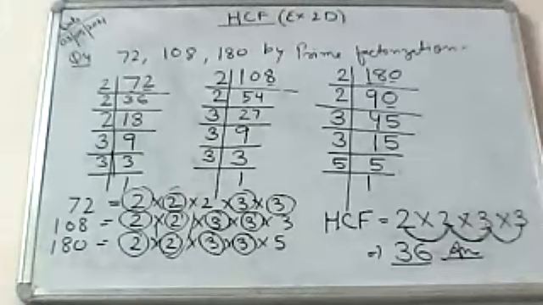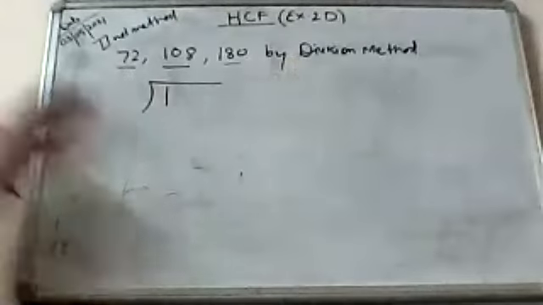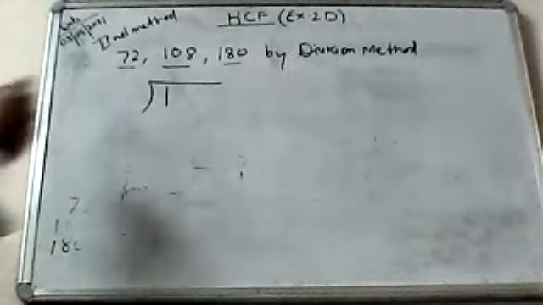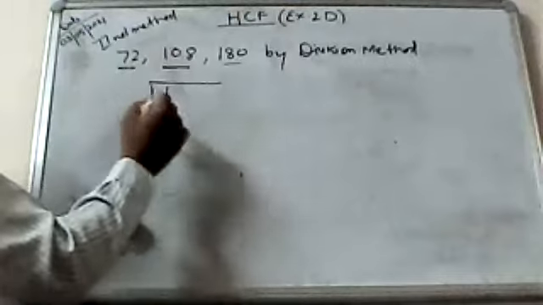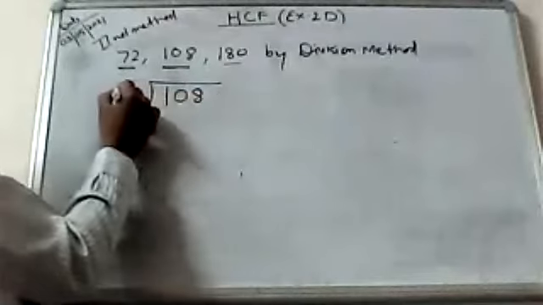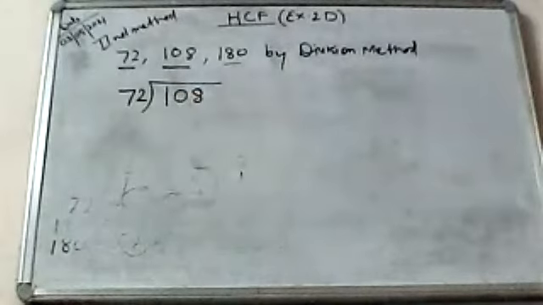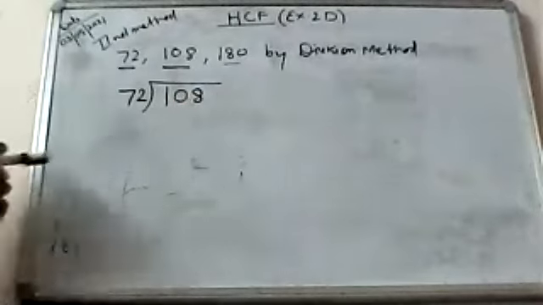Again I repeat, children, now we are understanding how to take the HCF of these three given numbers by the division method. Here 72 is the smallest number and 108 is a greater number, so take two numbers and divide 108 by 72. Clear, children? Okay. Now can we divide 108 by 72?